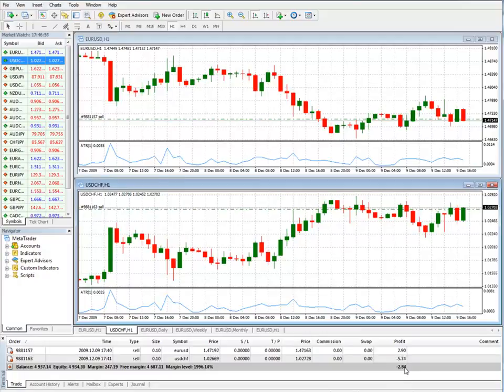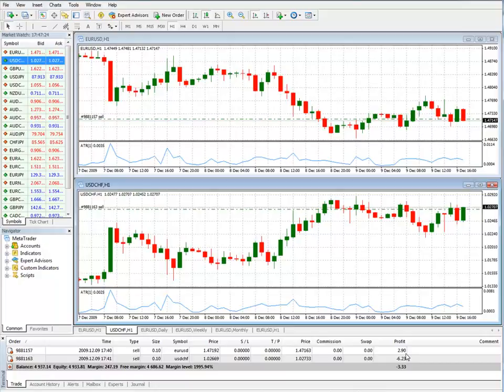Now here's another technique that you can use. You can actually leg into these. You could sell at the same point we sold before, the euro dollar US dollar, and then allow it to move into a profit.